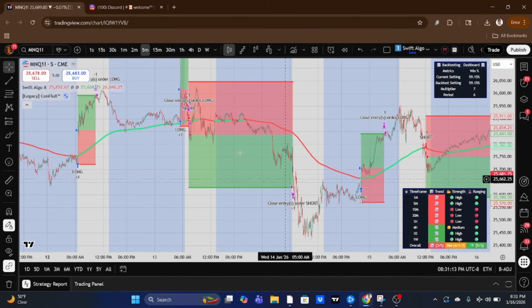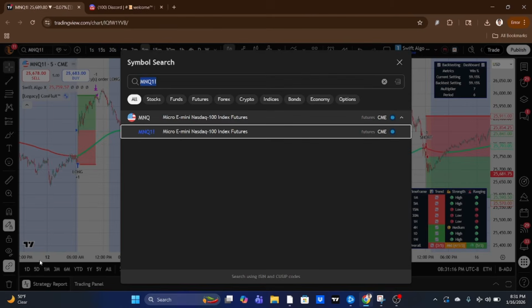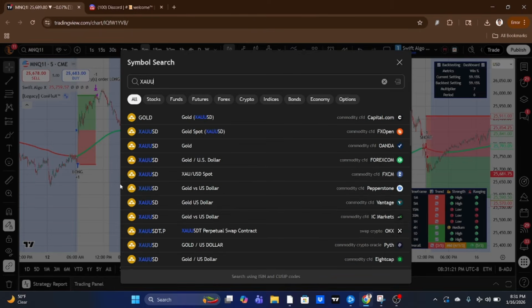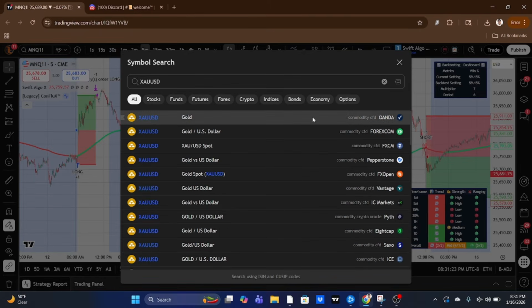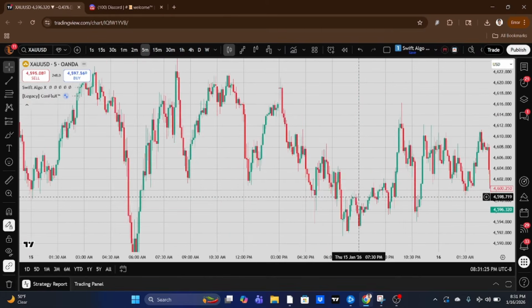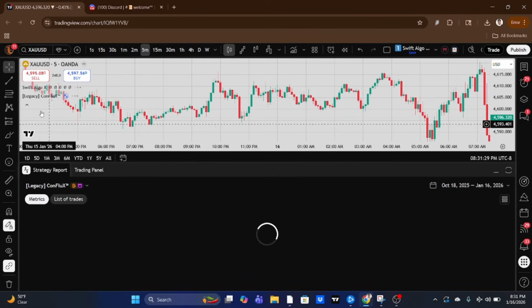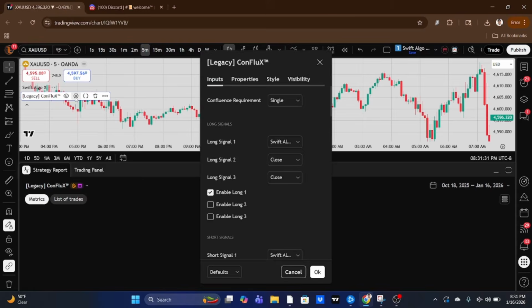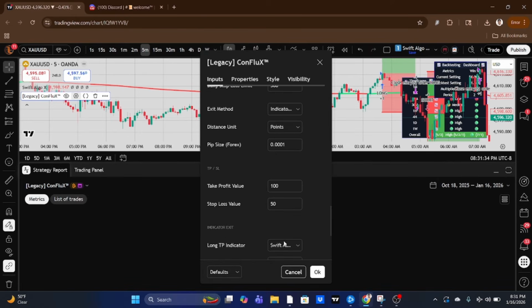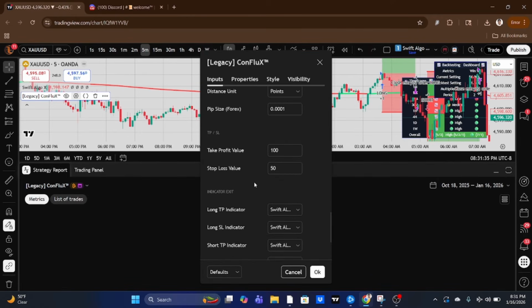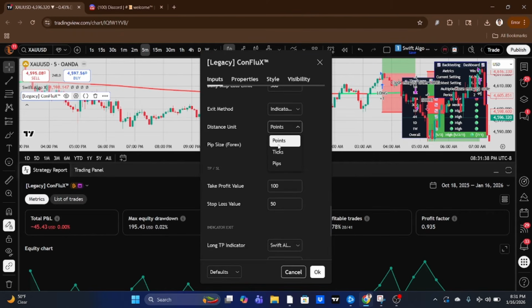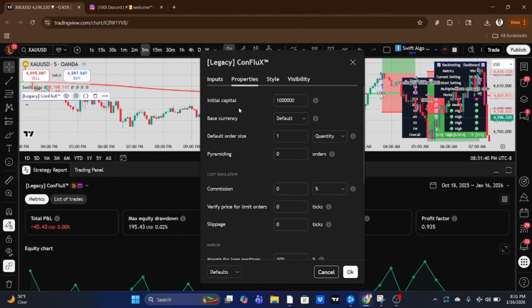And just to give you an example using the strategy report, let's say you want to trade gold. If you go to your strategy report, you can probably still use points with gold. In the properties tab, this will be based on lot size.